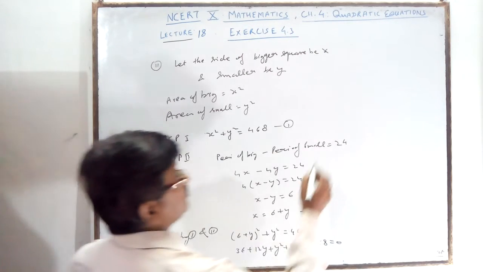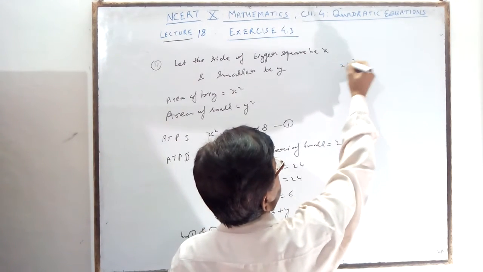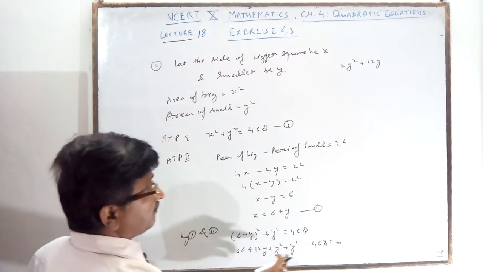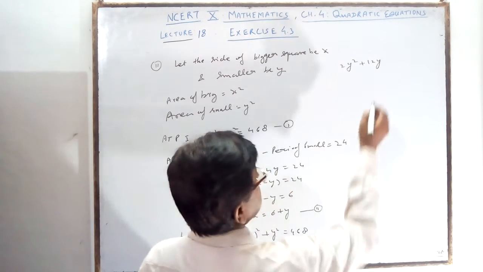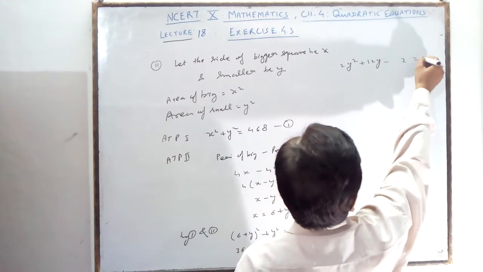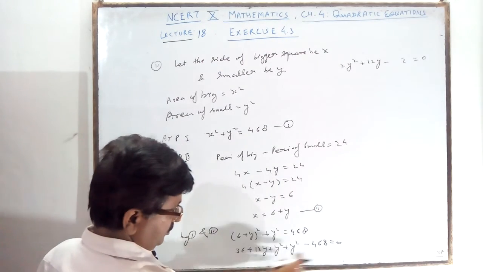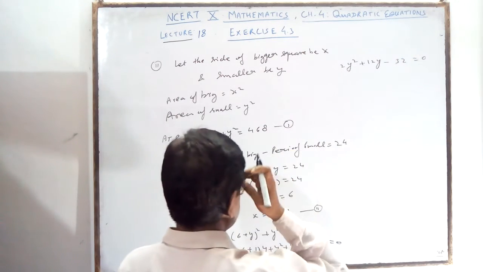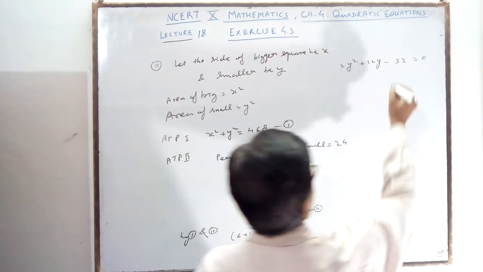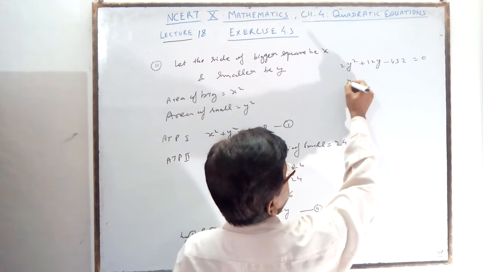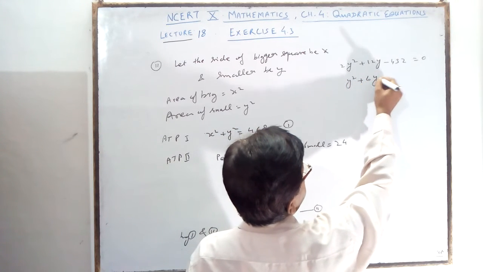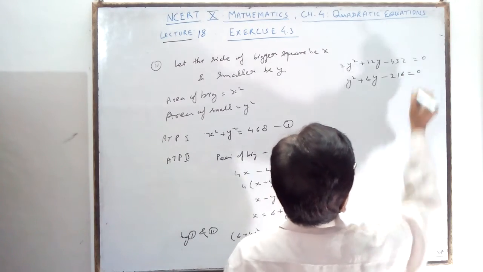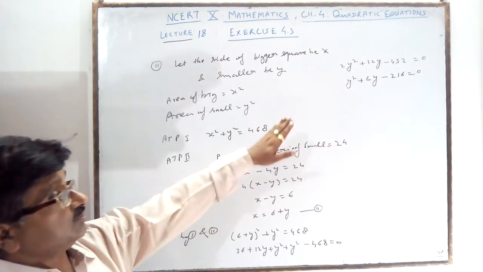Transpose it. So you are getting 2y square plus 12y minus 432 is equal to 0. Simplifying by dividing by 2, y square plus 6y minus 216 is equal to 0.